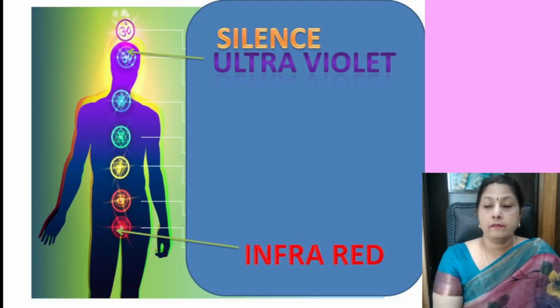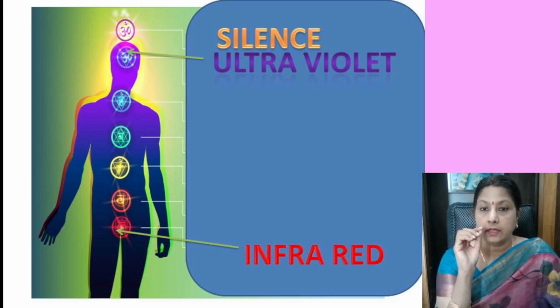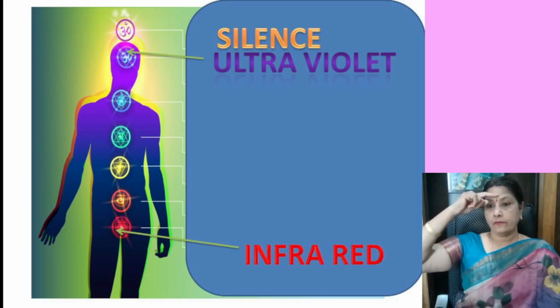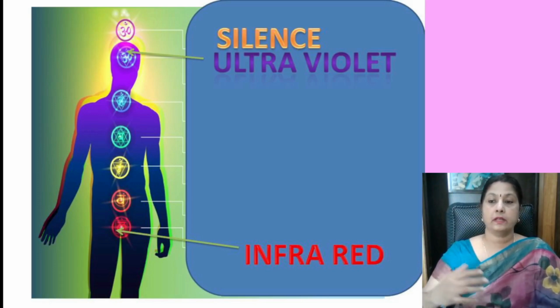So, what does the color violet mean spiritually? It means that you have reached a level which is closer to God. The reason why I'm saying this is the causal realm is just above the astral realm. So, till here, you have the astral realms in your body. In your physical body, you have chakras.